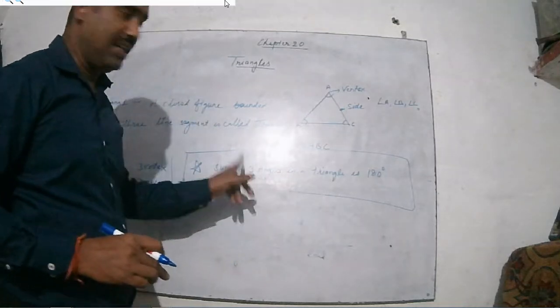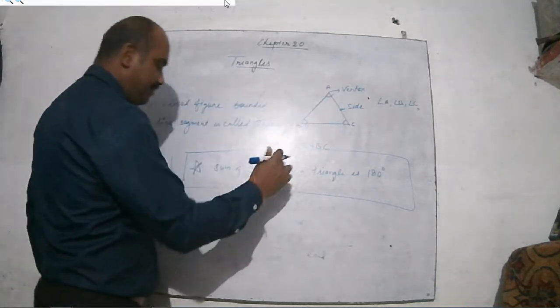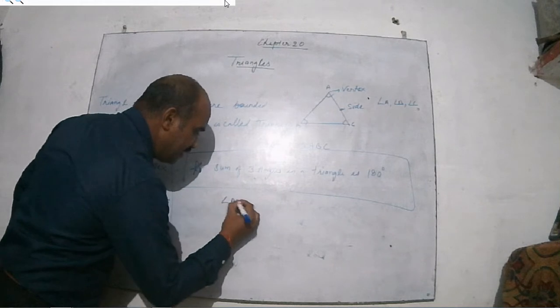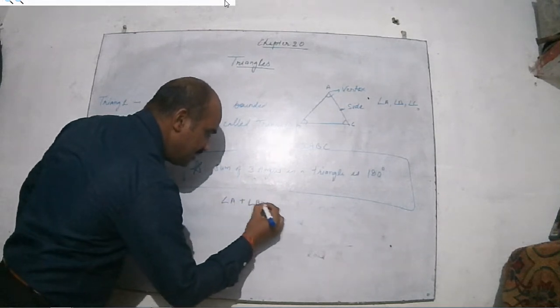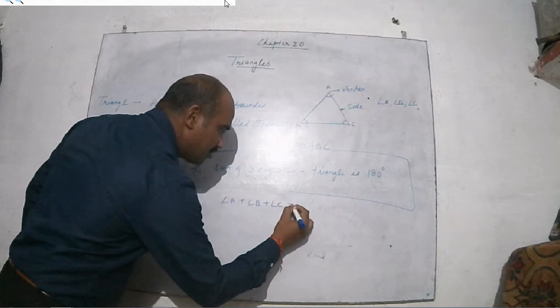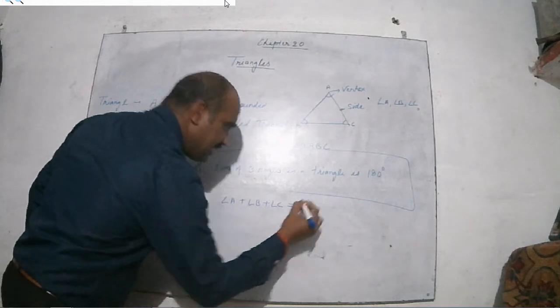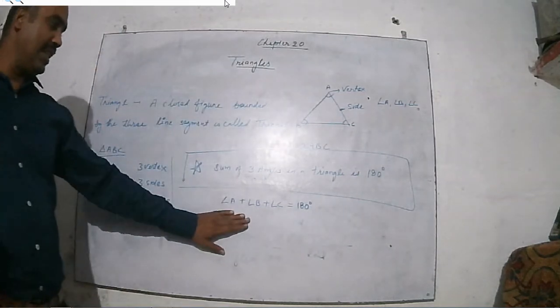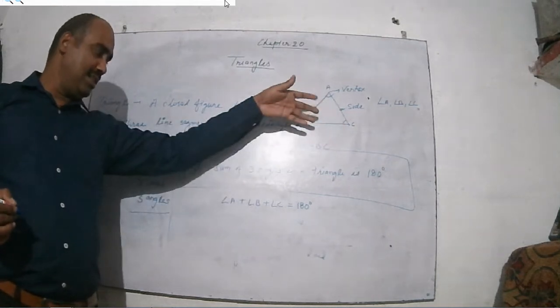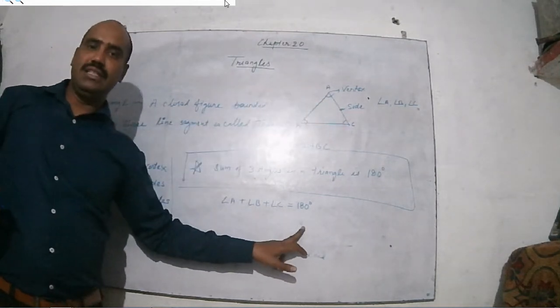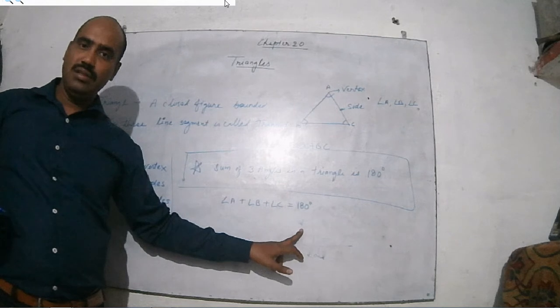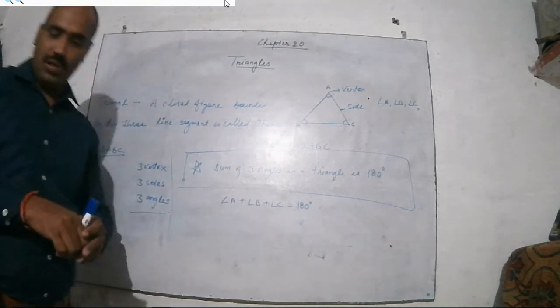This is the property. So how can you show it? Angle A plus angle B plus angle C equals 180 degrees. Hope you understand that when you add these 3 angles you get 180 degrees. Is it clear?